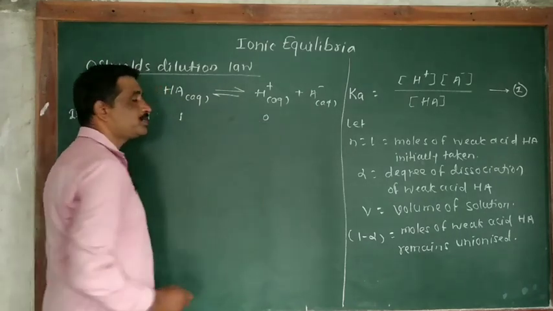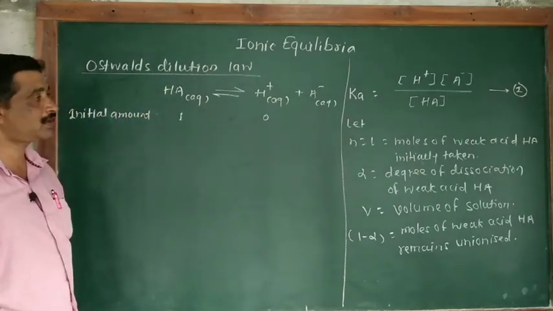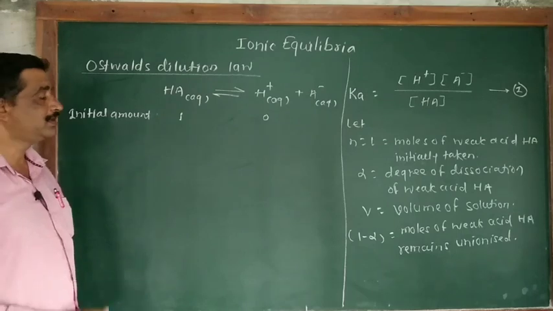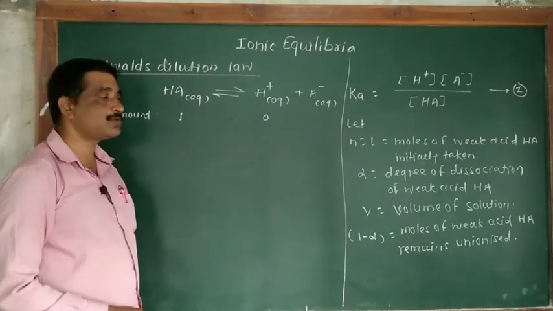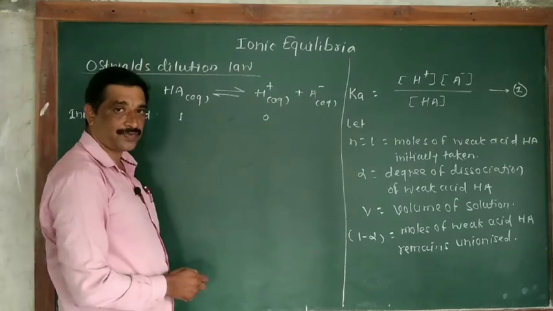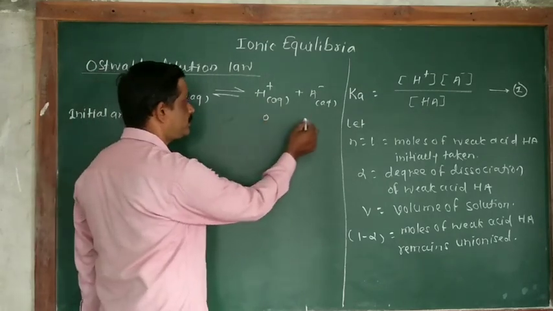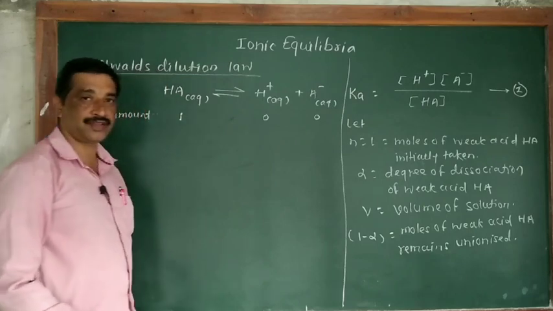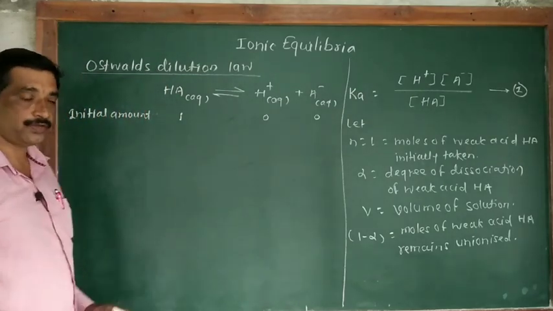At time t is equal to 0, it is a weak acid, it does not ionize from the start. After some time it will start to dissociate. So at time t is equal to 0, the number of H plus ions formed, or its concentration, is 0. Concentration of A minus is also 0.